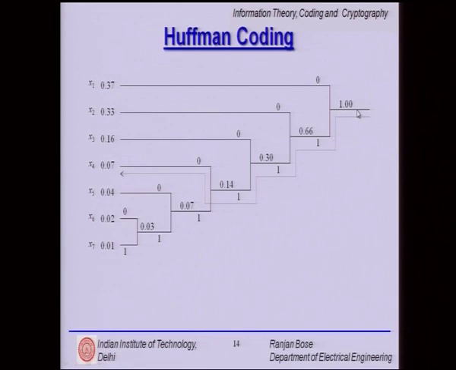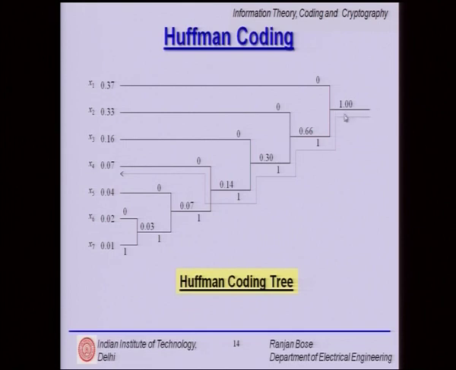Now, having constructed this Huffman coding tree, I am curious to find out what the code words associated with x1 to x7 should be. Let us choose x4 for example. All we have to do is follow this tree backwards. This is the mother node and we go up to x4 by following it.